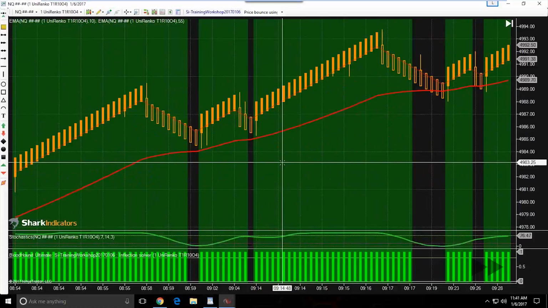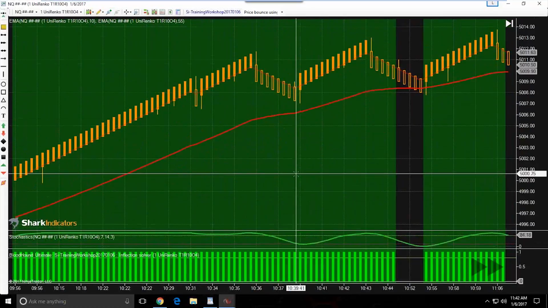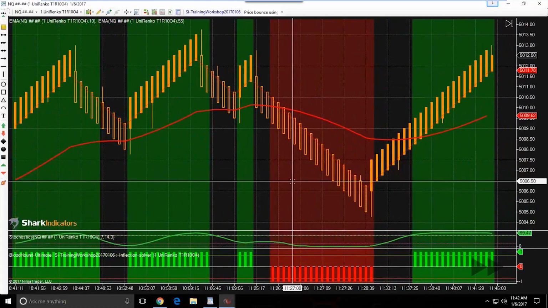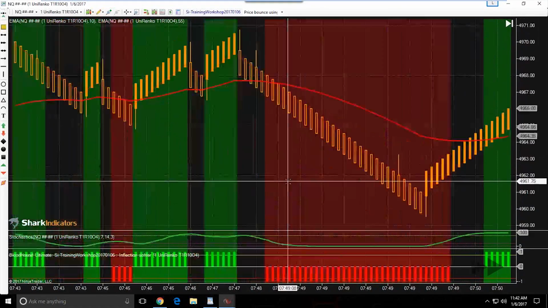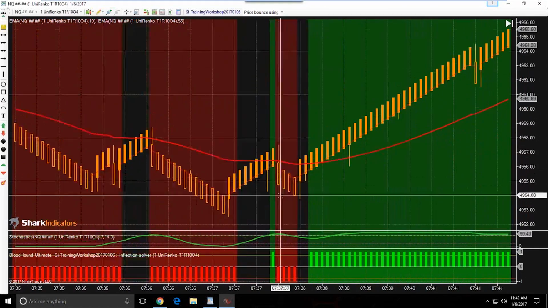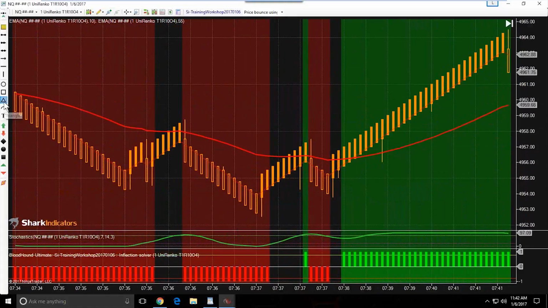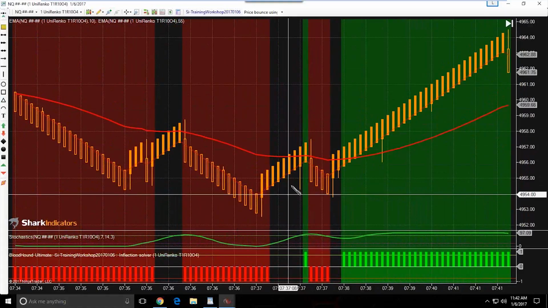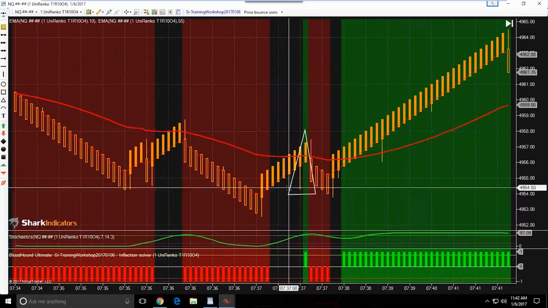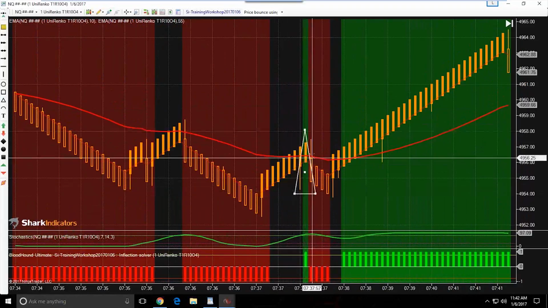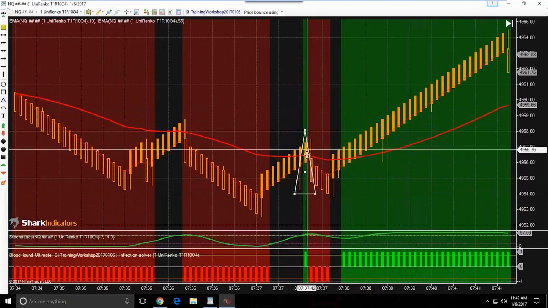Let me see if I can find a better example. Here we go. Perfect. Here's my nice example. We get 1 bar above our moving average.